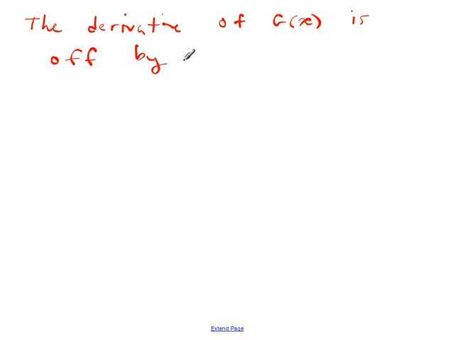Okay, so let's look at one more or a couple more examples. But in the next examples, the derivative of g of x is off by a constant.